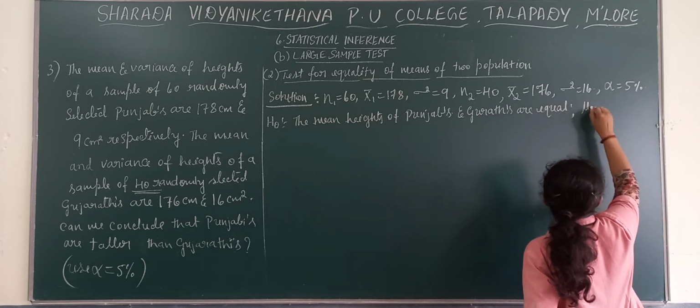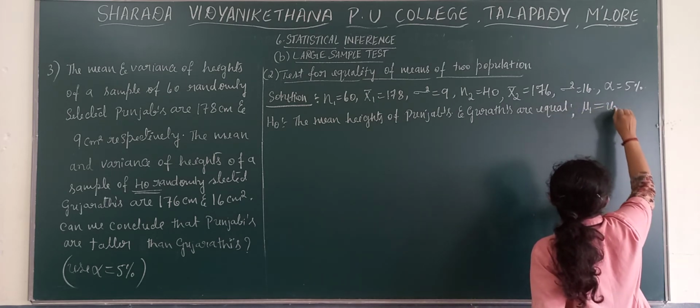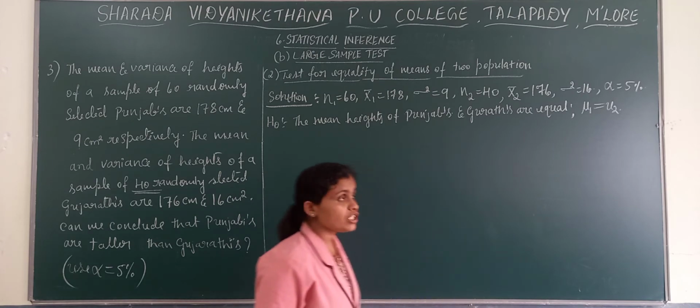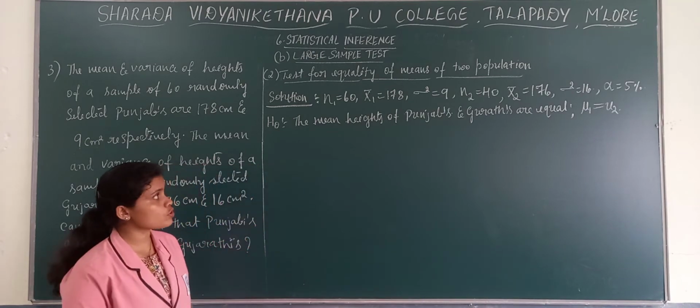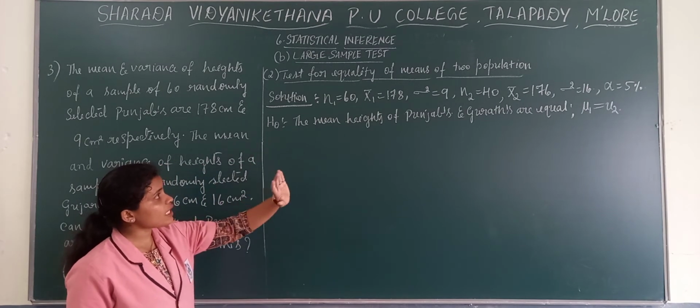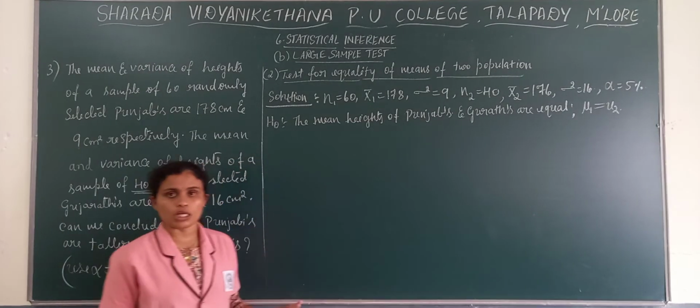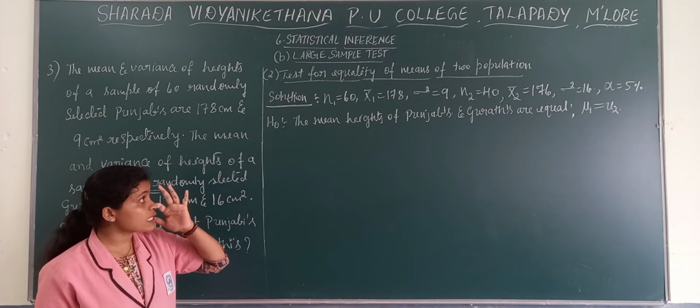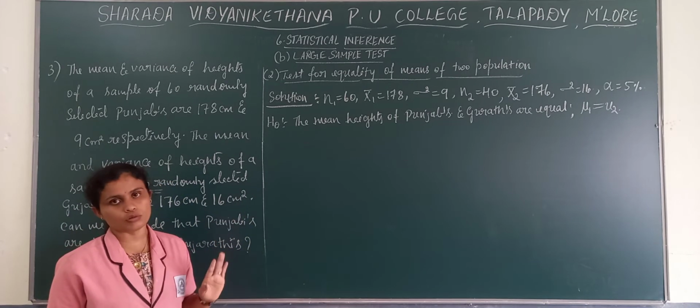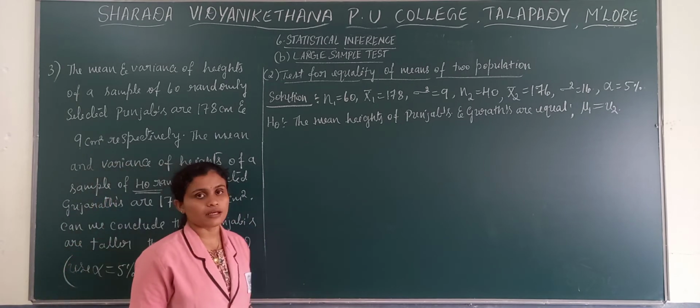So here mu1 is equal to mu2, so we need to frame the sentence. The mean heights of Punjabis and Gujaratis are equal, or else the mean height of Punjabis is equal to Gujaratis. That also we can write.